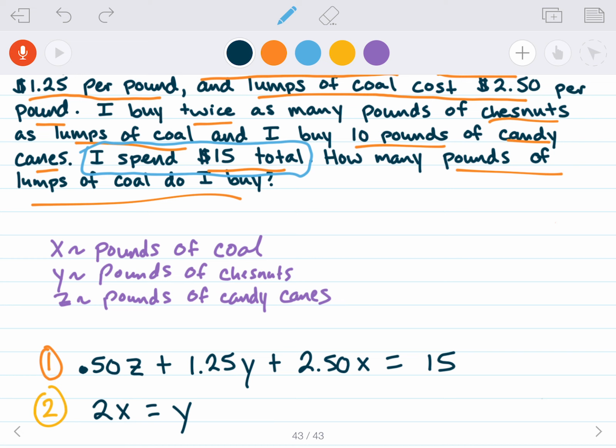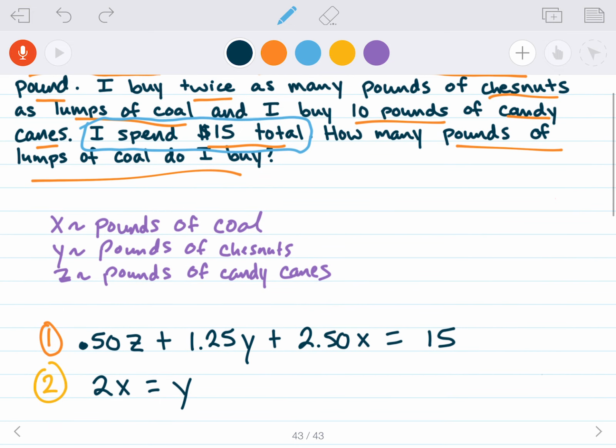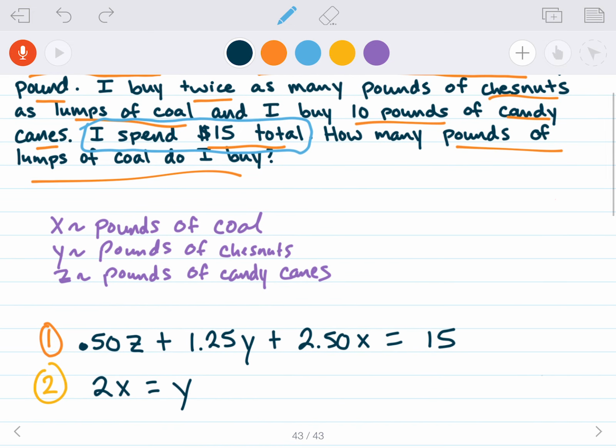And also it says that we buy 10 pounds of candy canes. And so since z represents the pounds of candy canes, z is going to equal 10, right? And so I can replace that in here. Since z is 10, I can just replace that in there. So that's it.